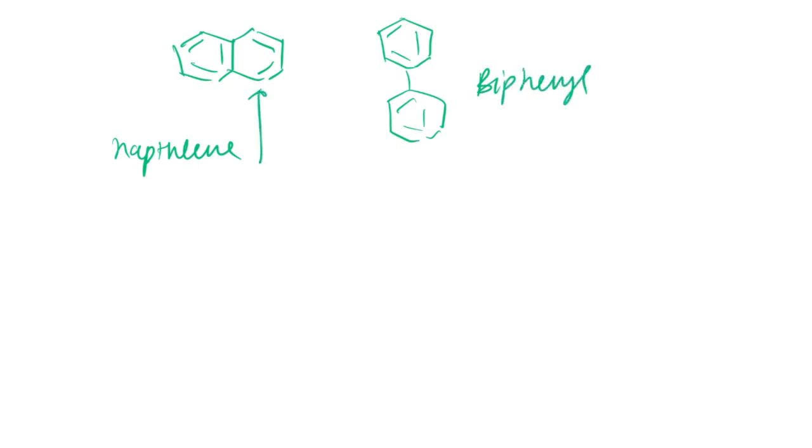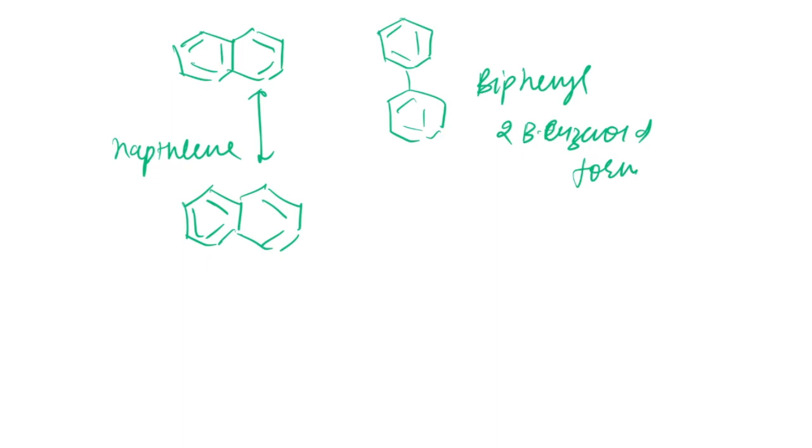In naphthalene, another possible structure is 1, 2, 3, and this. But in biphenyl, these always remain two benzenoid forms. But in naphthalene, yes, the first one has two benzenoid forms, but this one has only one benzenoid form. So it is less than biphenyl. So biphenyl would have more resonance energy.